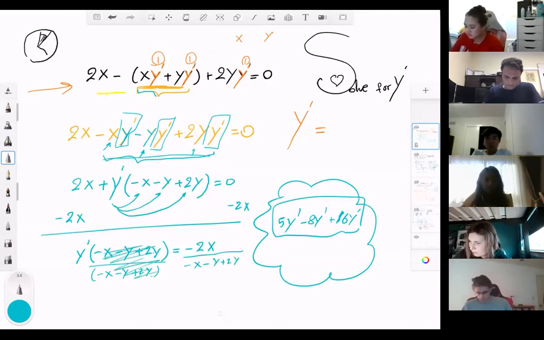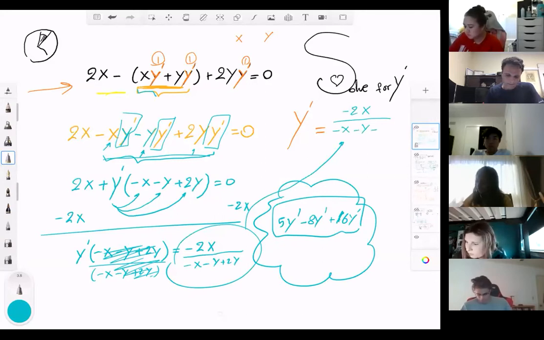Then we solve for y prime, which is negative 2x over negative x minus y, and we could combine negative y plus 2y. These two, we can just collect them. It gives us positive y. Is that correct?